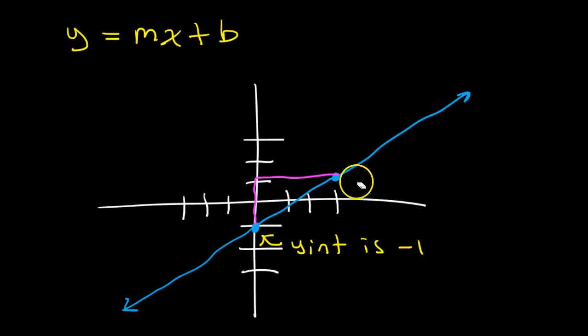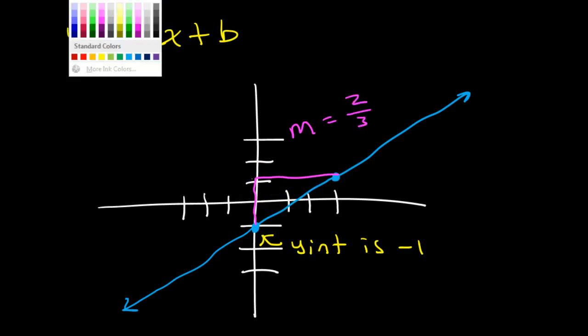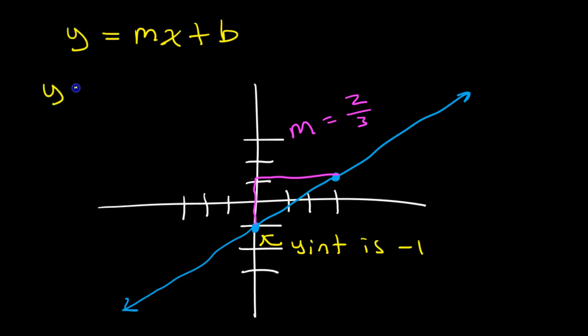So I know that the slope is 2 over 3. Using the y-intercept and the slope, if I substitute both of those in, that gives me y is equal to 2/3x minus 1. So that's how that worked.